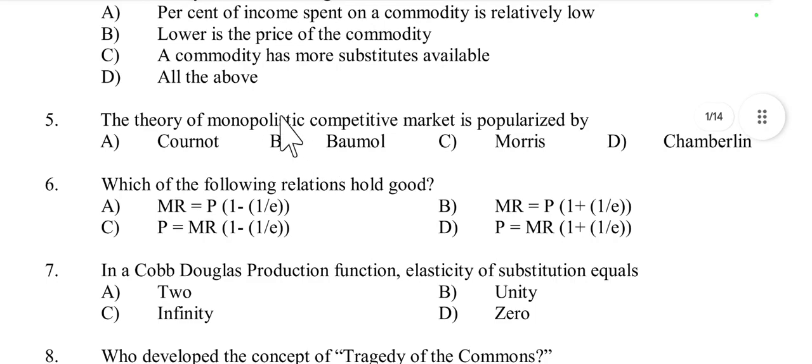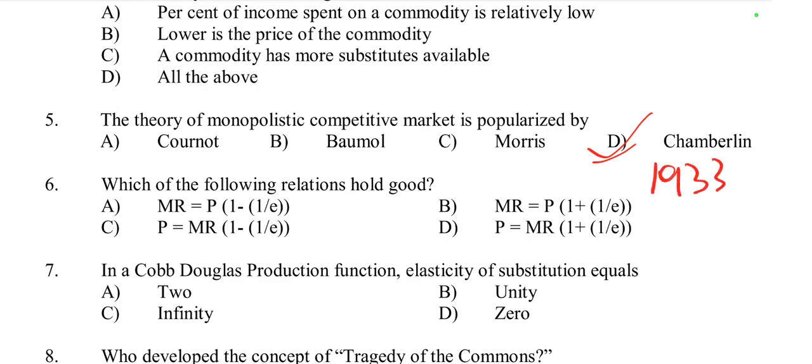Then question number 5, the theory of monopolistic competition. Monopolistic competition was given by Chamberlain, Edward Chamberlain. The theory of monopolistic competition was popularized by Edward Chamberlain through his work, The Theory of Monopolistic Competition, in 1933.